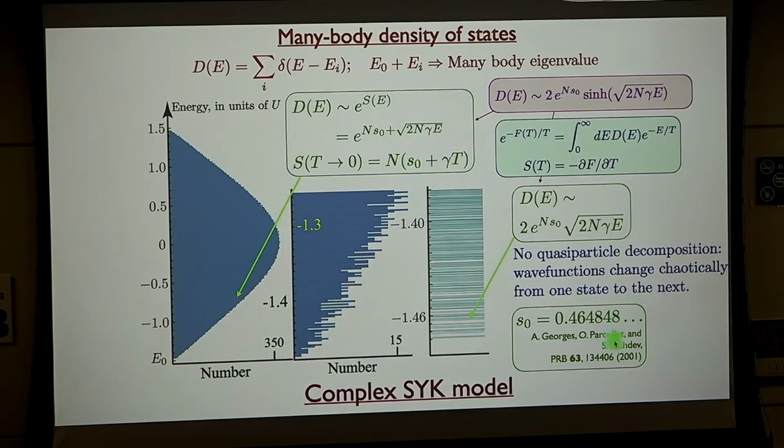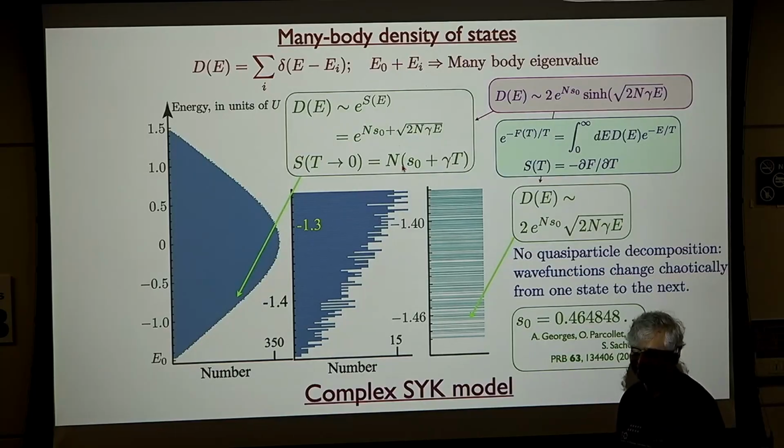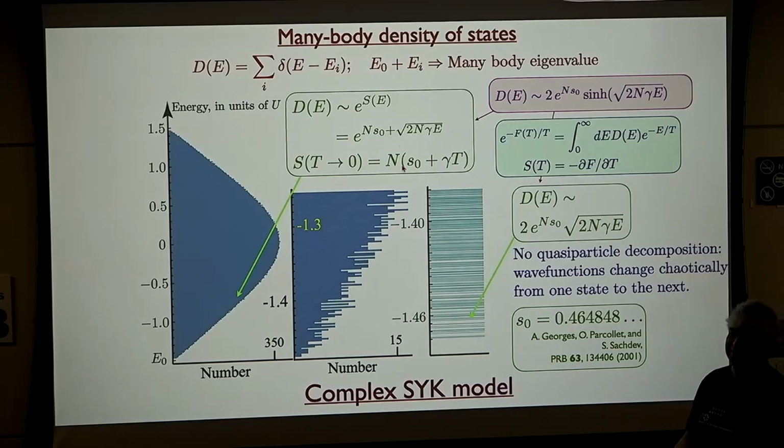For us, this was a big shock. We've never seen anything like this before in condensed matter. Well, there's something called the ice model of Pauling, which has zero temperature entropy. But that's really a ground state entropy, meaning it's a finely tuned model whose ground state is exponentially degenerate, different dimer packings or something.